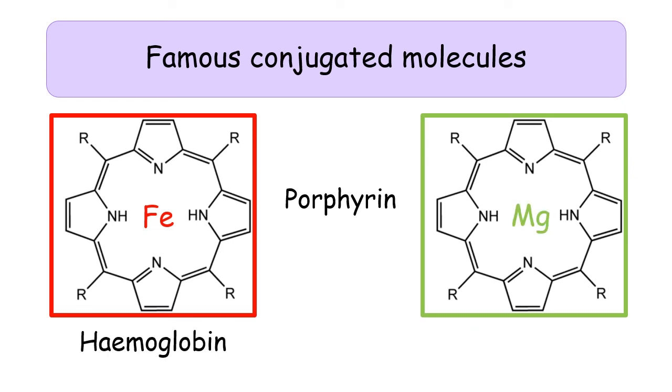If we put a magnesium inside the porphyrin ring instead, this is a really important molecule in plants. It's the molecule that makes them green. It's chlorophyll, and without chlorophyll, plants wouldn't be able to absorb light energy. And part of the light energy it's absorbing is due to the fact that it's conjugated, so it's absorbing coloured light.